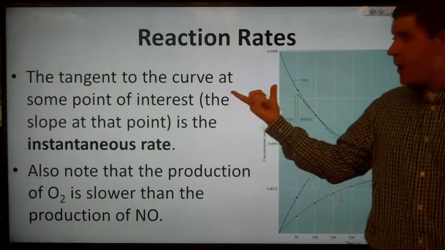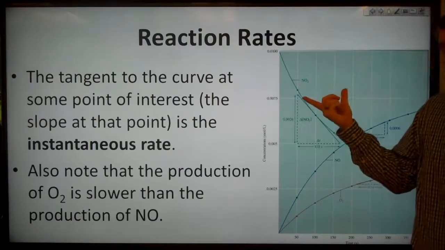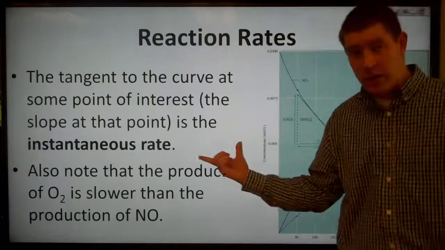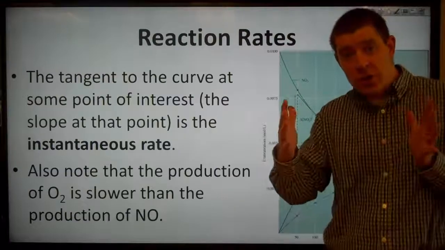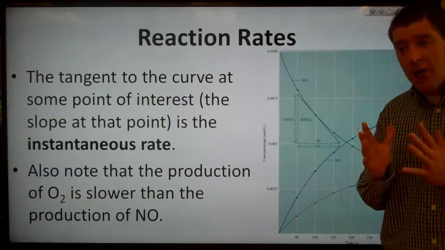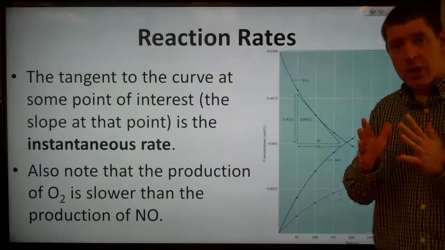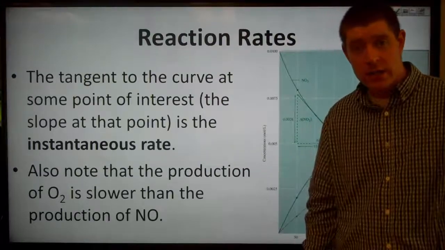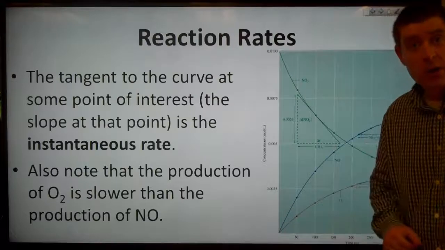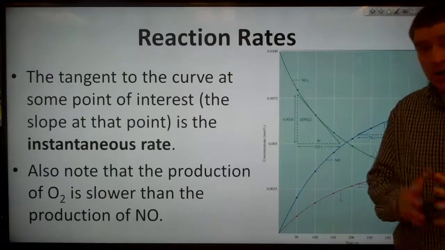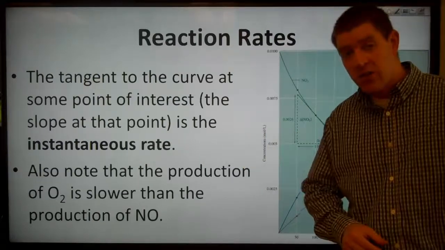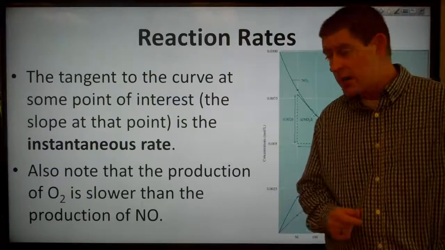The tangent to the curve at some point of interest, which is the slope at that point, is our instantaneous rate. The average rate is over some period of time, but the instantaneous rate is how fast the concentration is changing right now. And of course, 1 second from now, that rate will be slightly different. It'll probably be close, as long as the reaction doesn't happen really fast, but the instantaneous rate and the average rate are not exactly the same.